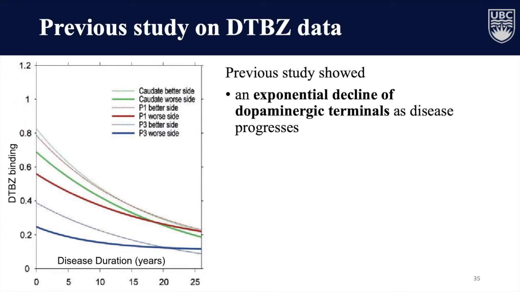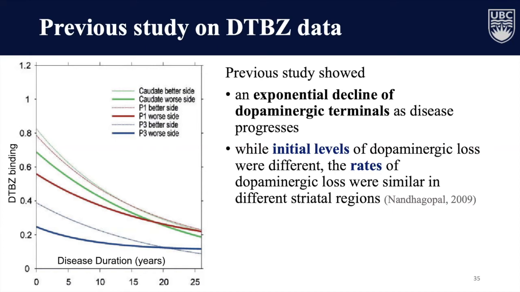So you can see these different progression curves. The previous study showed that while the initial levels of dopaminergic loss, that is the intercept, were different for different substriatal regions, the rate of dopaminergic loss, here the slopes, were similar in different striatal regions.